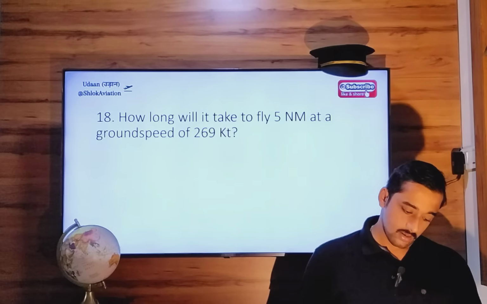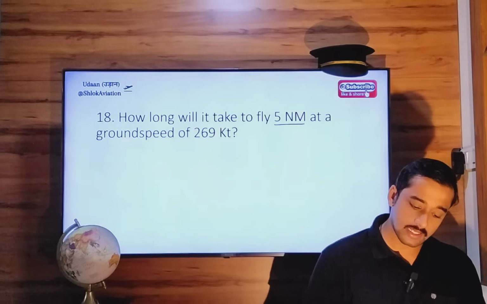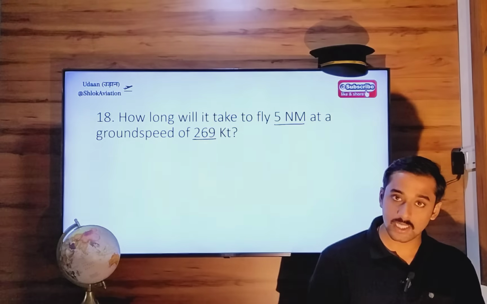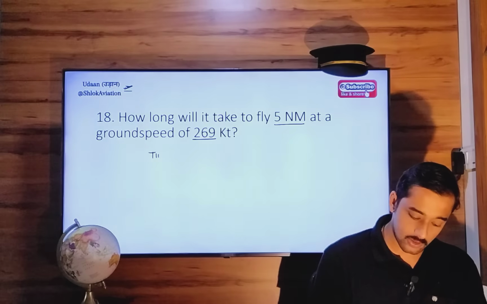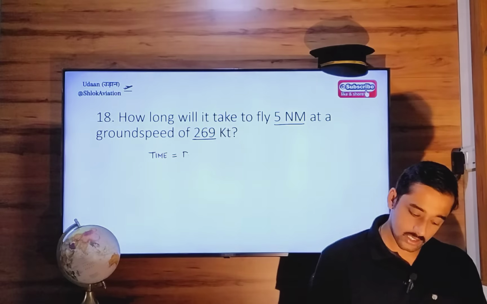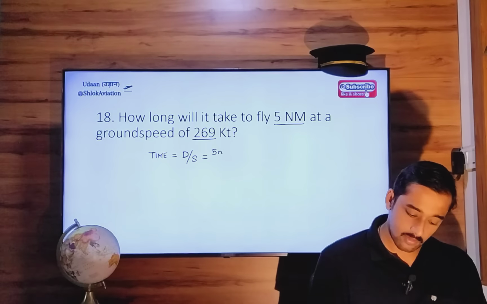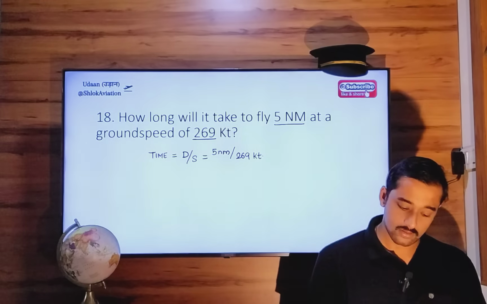Next. How long will it take to fly 5 nautical miles distance at a speed of 269 knots? So time will be equal to distance by speed. Distance is 5 nautical miles. Speed is 269 knots.